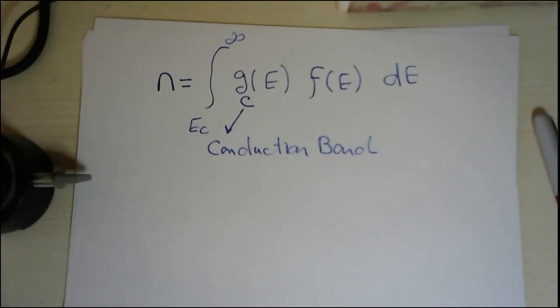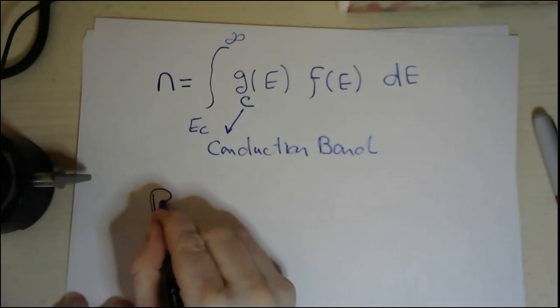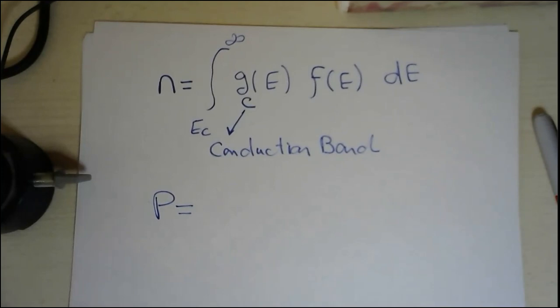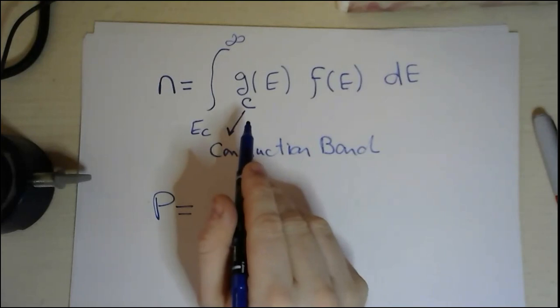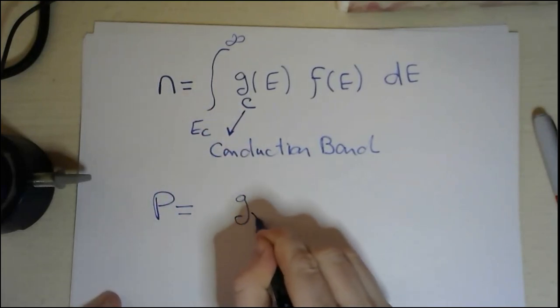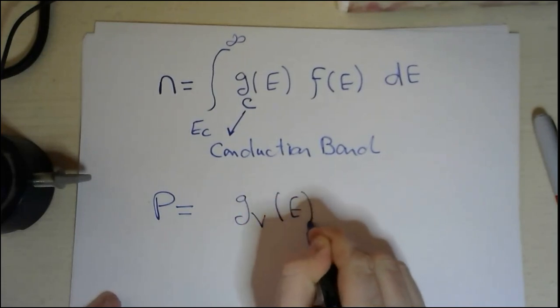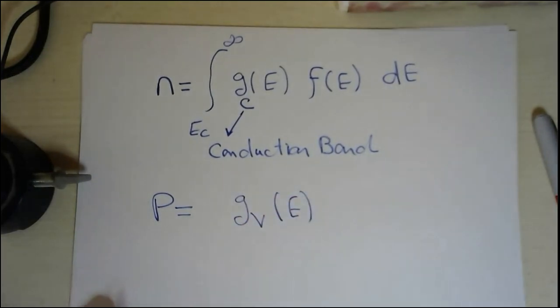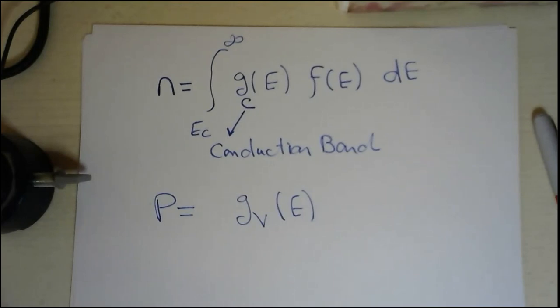Right? What about P? What about the number of holes? Okay, number of holes are defined as the broken bonds in the valency band. Great. Then we have to use the density of states, or the number of seats in the valency band, which is GV of E. Again, V here represents the valency band, multiplied by the probability to find a hole.